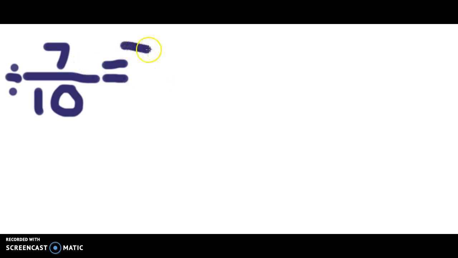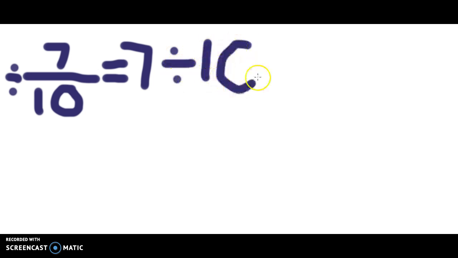So either way, if you write it 7 over 10 or 7 divided by 10, it doesn't really make much of a difference. To work out 7 divided by 10, you will have to use something called decimal places.